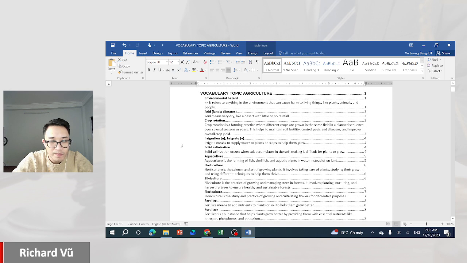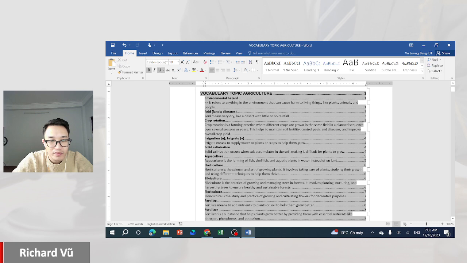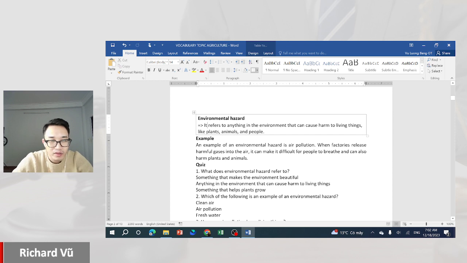The first one, environmental hazard. It refers to anything in our environment that can cause harm to living things, like plants, animals, and people.